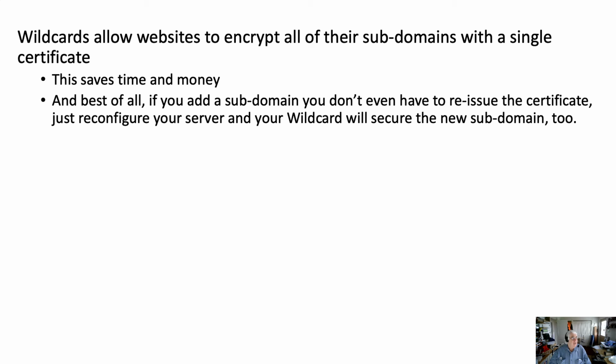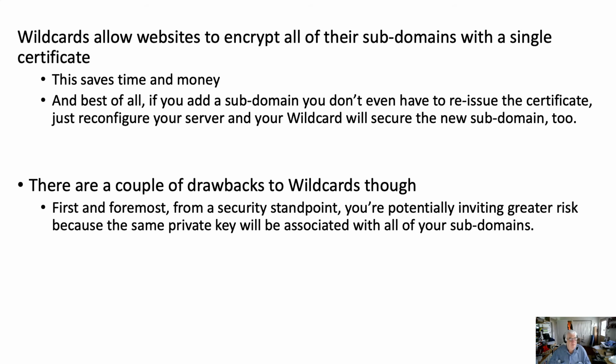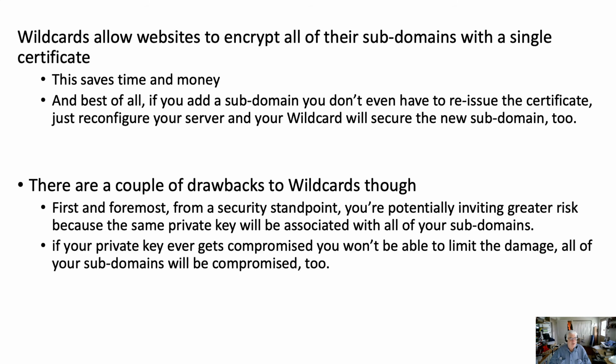Wildcards allow websites to encrypt all their subdomains with a single certificate. It saves time and money of buying repeatedly as you add new servers. And best of all, if you add a subdomain, you don't even have to reissue the certificate. Just reconfigure your server and your Wildcard will secure the new subdomain. And this is what we're talking about here, when you have one server that's running several websites off the same server.